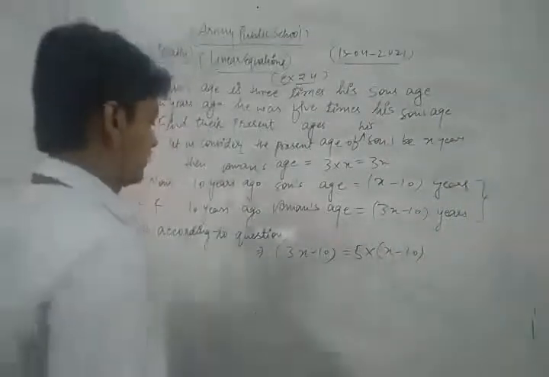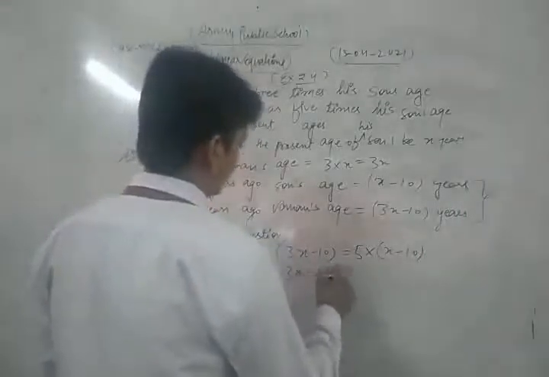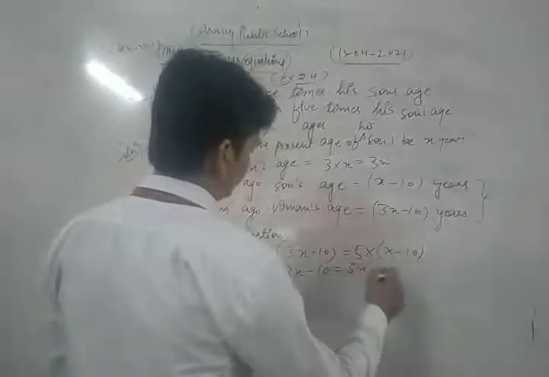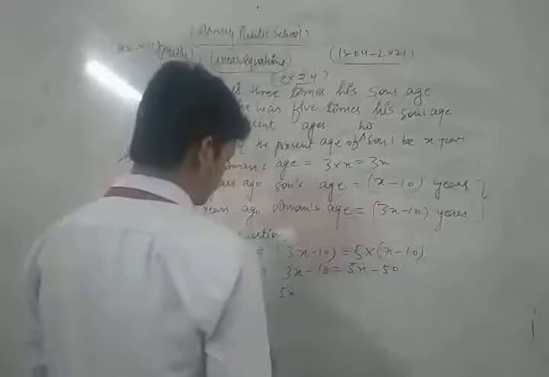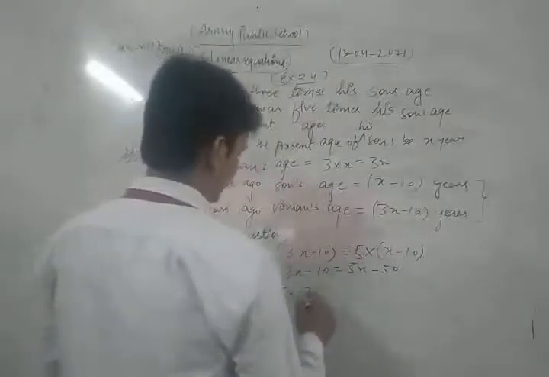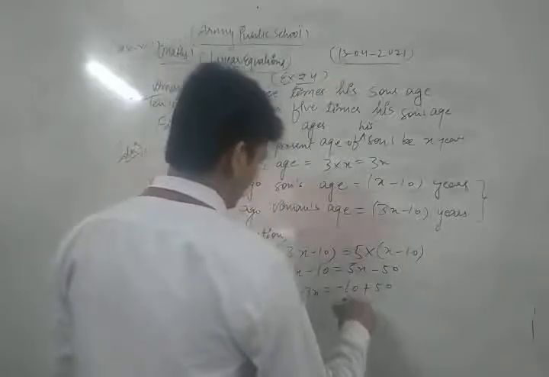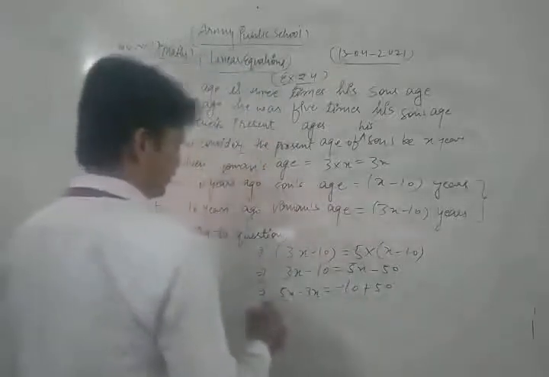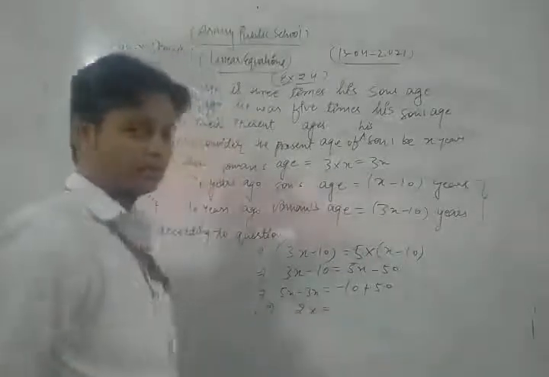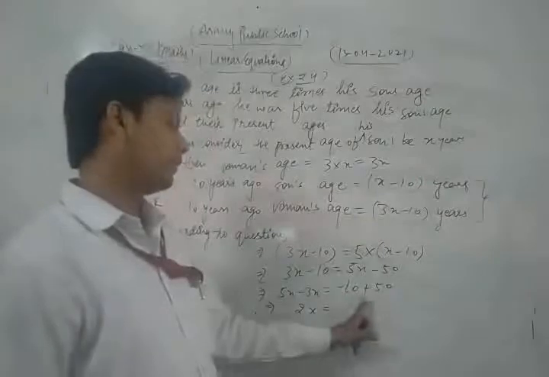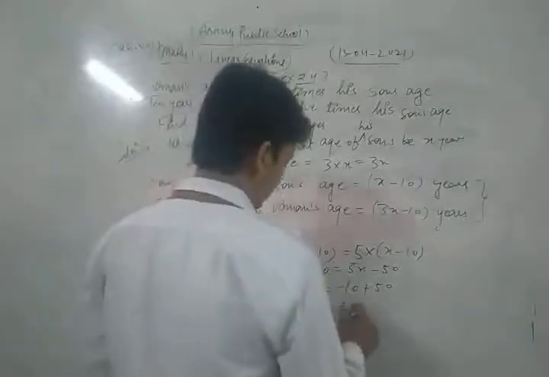Solving it, we get 3x minus 10 is equal to 5x minus 50. So 5x minus 3x, which is 2x, and 2x is equal to minus 10 plus 50, which is plus 40.